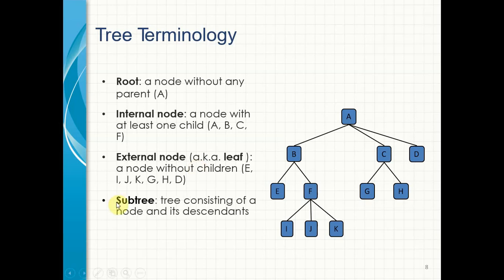We have another term called subtree, a tree consisting of a node and its descendants. For example, these are two subtrees. For this one, the root of this subtree is C, and for this one, the root of the subtree is F.